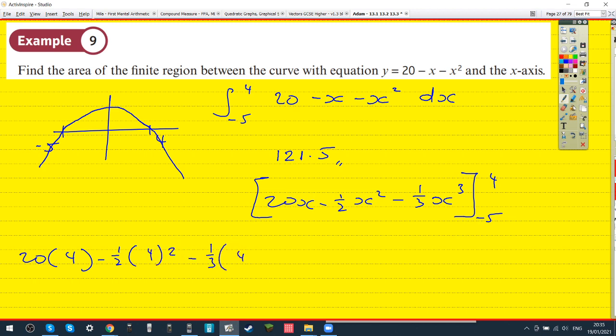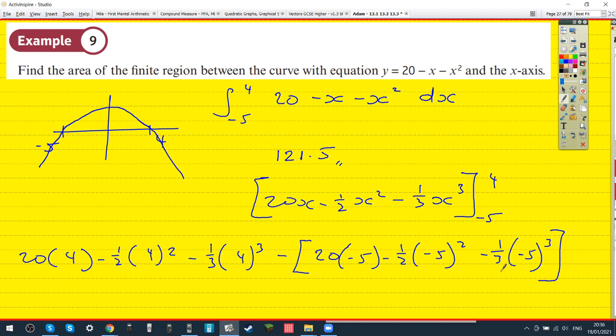This part is just replacing. So you don't have to show the substitution of x. No. Because in theory, you could just put that whole thing into your calculator exactly as it's written.